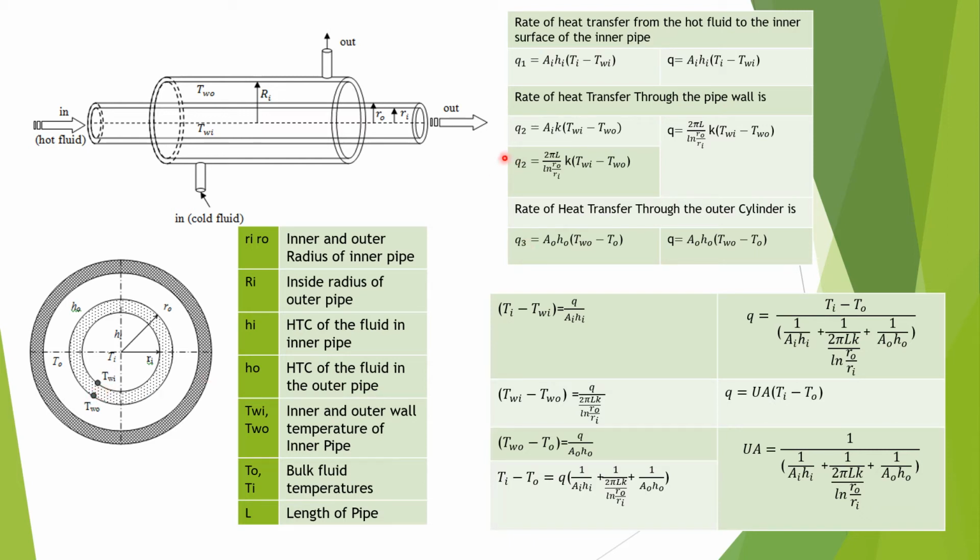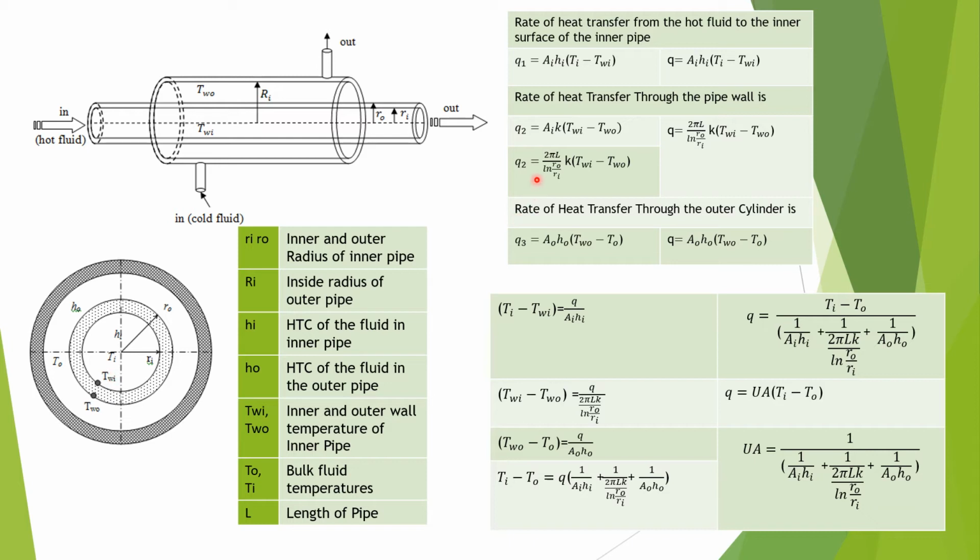So I have written Fourier's law over here, that is Q2, the rate of heat transfer through these points, is equal to Ai k delta T. Ai is the area for the heat transfer, k is the thermal conductivity of the metal, and delta T is Twi minus Two, the temperature difference between these 2 points. I hope you understand this.